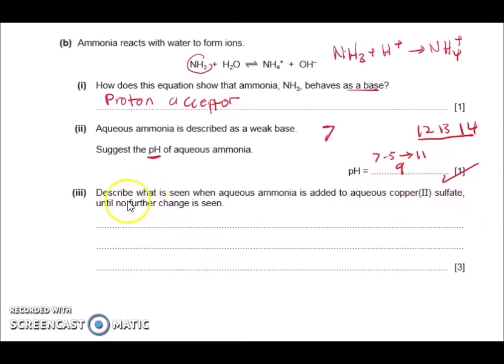Okay, describe what is seen when aqueous ammonia is added to aqueous copper(II) sulfate until no further change is seen.